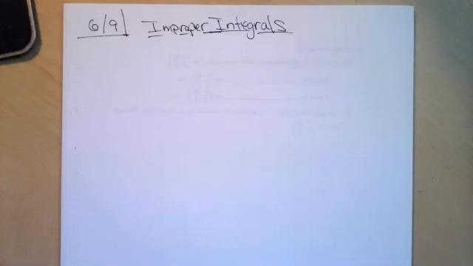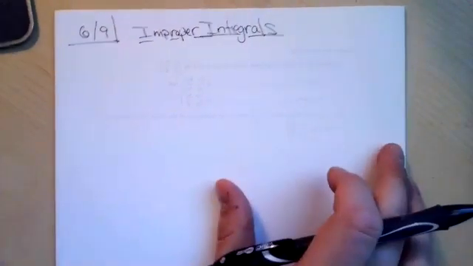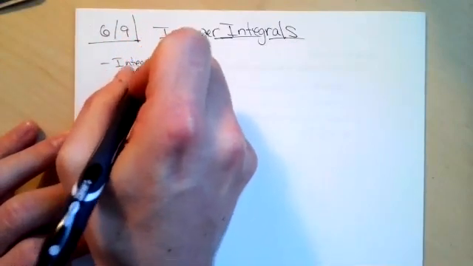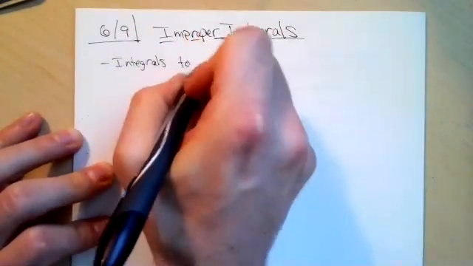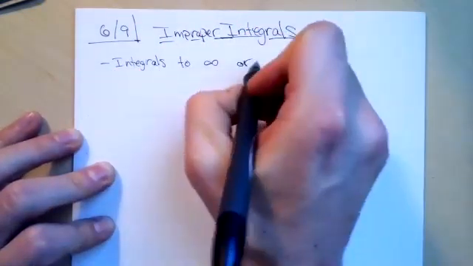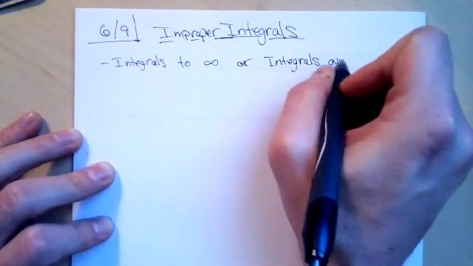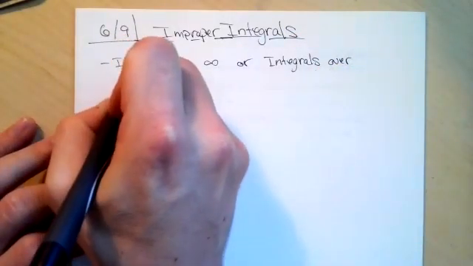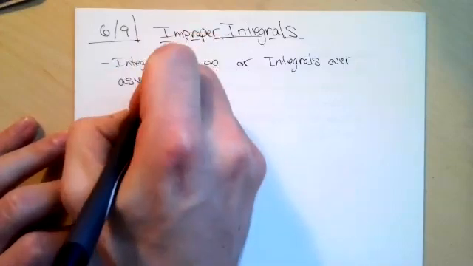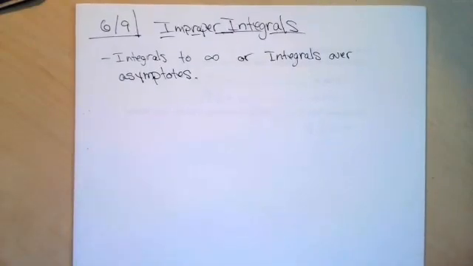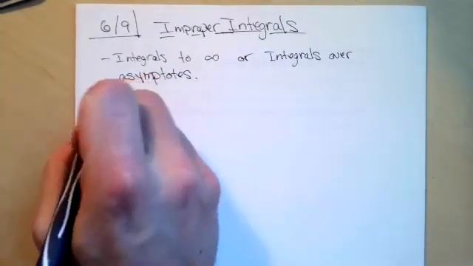Improper integrals are basically going to be integrals to infinity, or integrals over asymptotes. So we'll do this in two parts. Let's take a look at integrals to infinity.